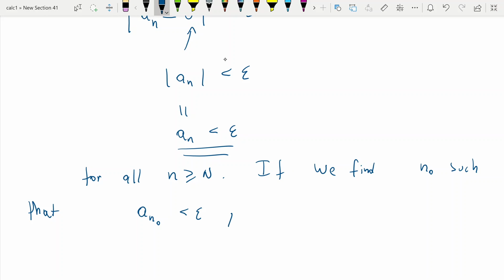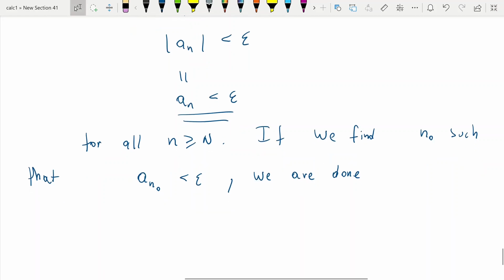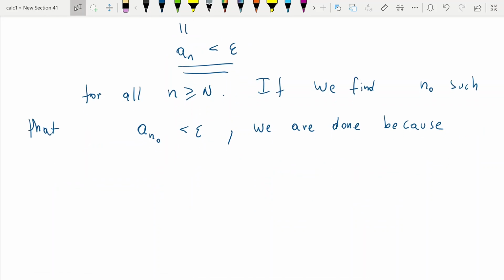Because if n is greater than n0, since we know that 1 over the square root of n is decreasing, we have that a sub n0 is less than epsilon, and this is exactly equal to 1 over the square root of n0.